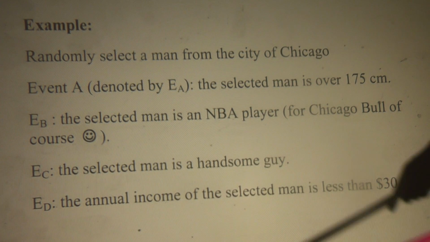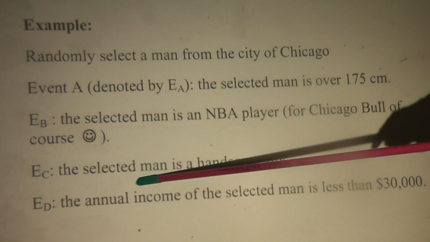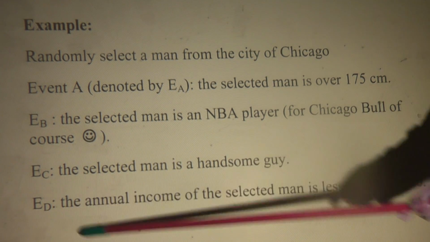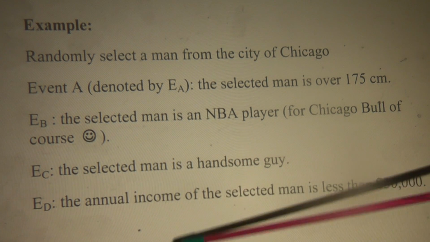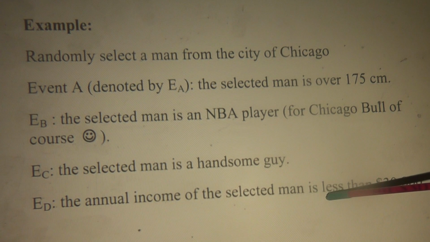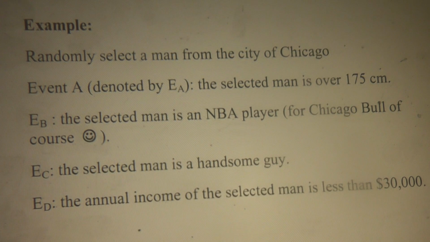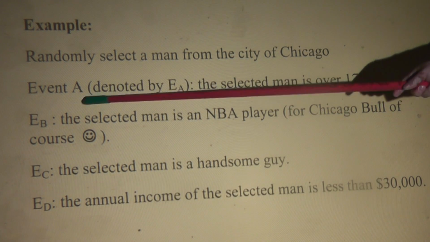Now, event C, the selected man is a handsome guy. And event D, the annual income of the selected man is less than $30,000. Suppose we close our eyes, we randomly select a man from Chicago. And from what we get, we define 4 different events.